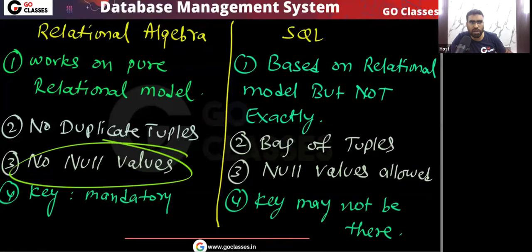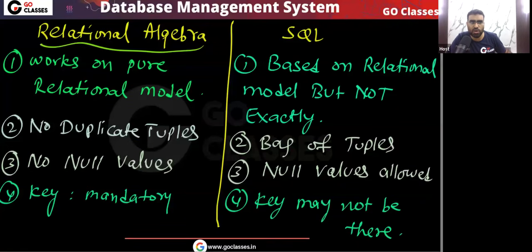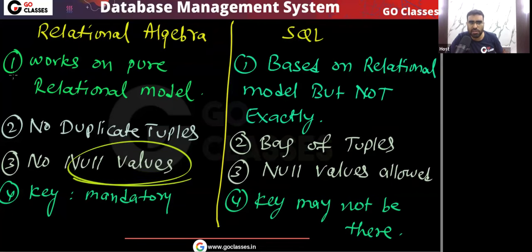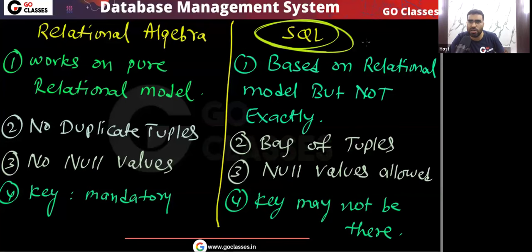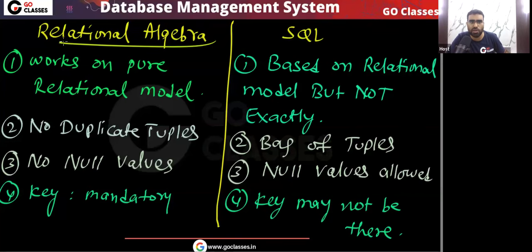One more point about null values. Relational algebra has no null values and SQL has null values, because null values are practical features. Relational algebra is a theoretical, formal query language, purely based on theory. But SQL is a practical, commercial, real-world query language.